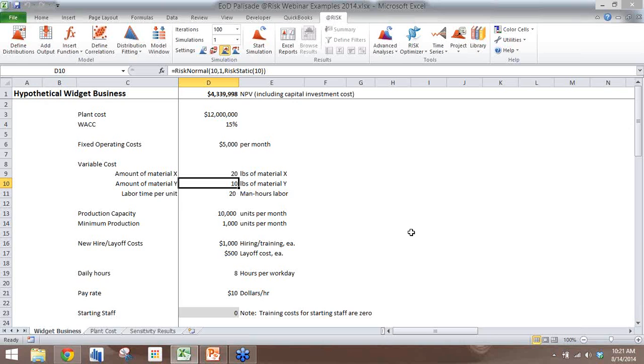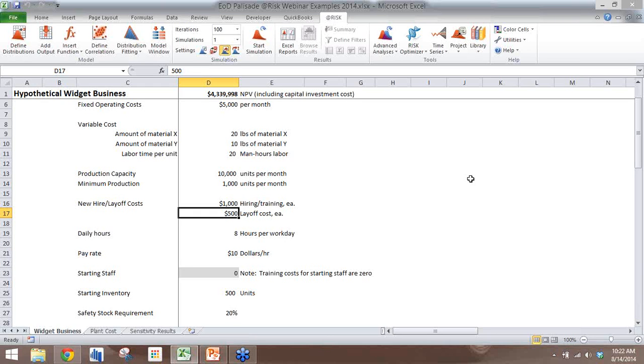What I'm also going to do, just kind of hypothetically here, is I'm going to jump down and identify my layoff cost as being a variable. Now, what's interesting about this is that when you think about layoff cost for personnel, and one of the decisions relating to this business is how many starting staff do I begin to operate with, is that although on average you may have a layoff cost of around $500, let's say, to cover administrative costs of just processing people as they happen to be downsized from the business.